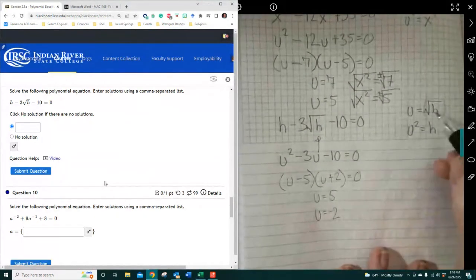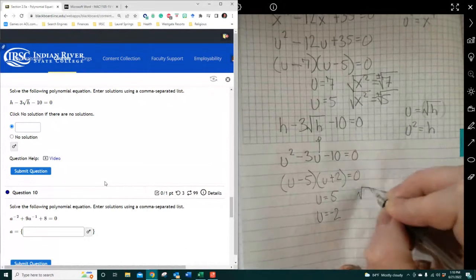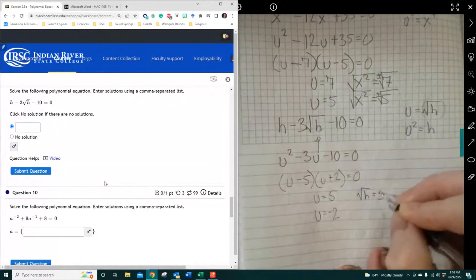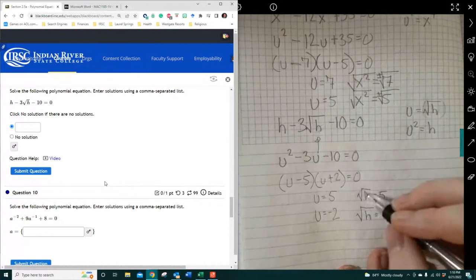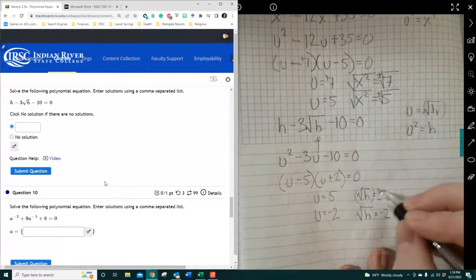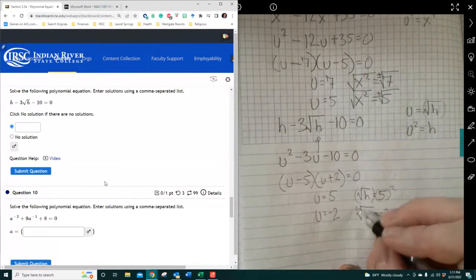So then what does U represent? It's over here. So you're going to say square root of H equals 5, and square root of H equals negative 2. How you get rid of a square root is simply by squaring it.